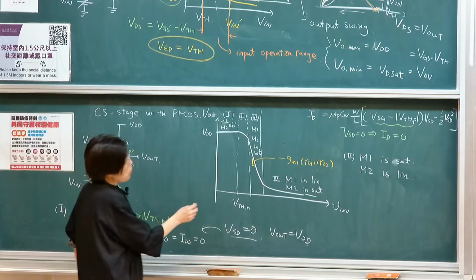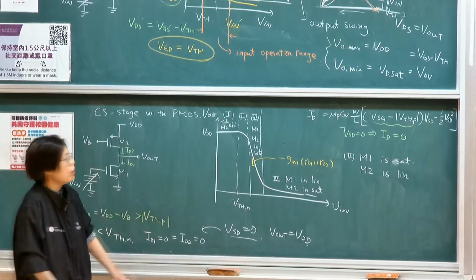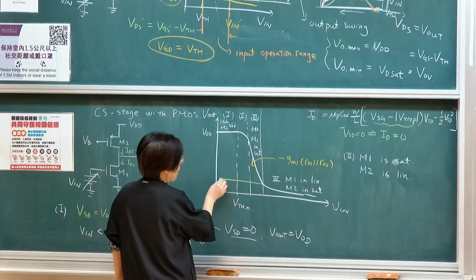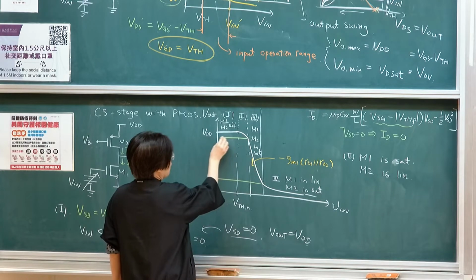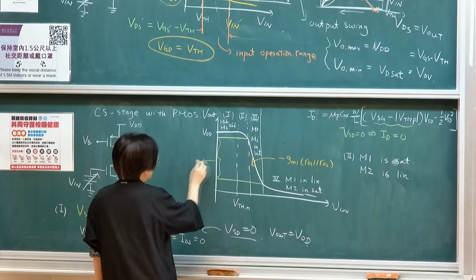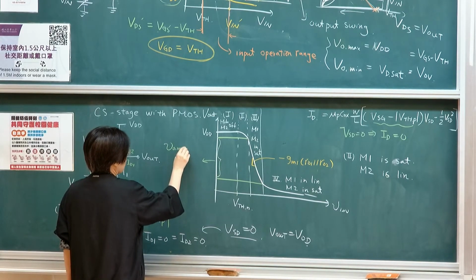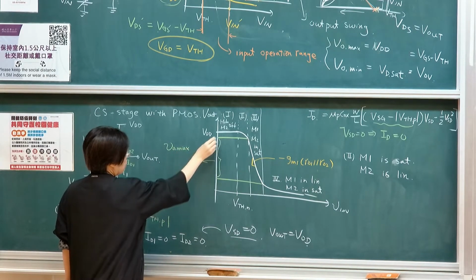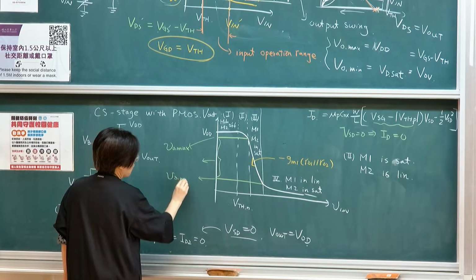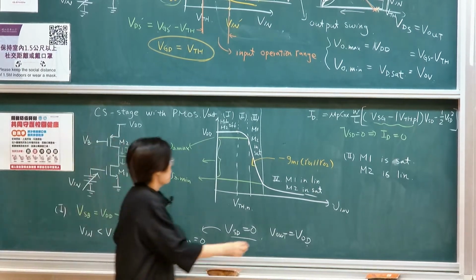So in this case, this whole thing is to explore the stage, remember? So we want to know what limits my output swing. So this would then determine my output swing. I have VL max. This is VL max. This is VL minimum. So what determines these two numbers?